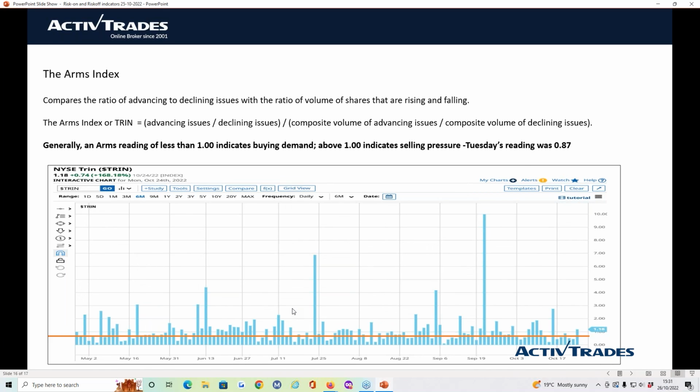So the TRIN index is another way to assess what the mood of the market is. I'm not sure that any single one of these indices is the magic wand, the answer, the silver bullet, if you will, to determining exactly what the mood of the market is and whether we're risk on or risk off.